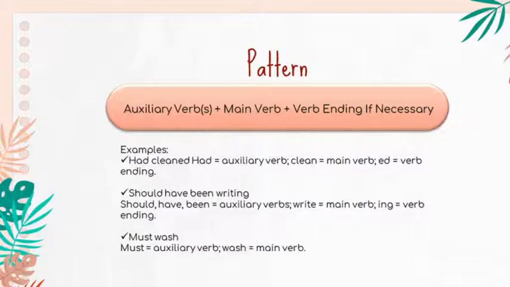And then the second example we have should have been writing: should have been as auxiliary verbs, write as main verb, -ing as verb ending. And then the third example we have must wash: must as auxiliary verb and wash as main verb.